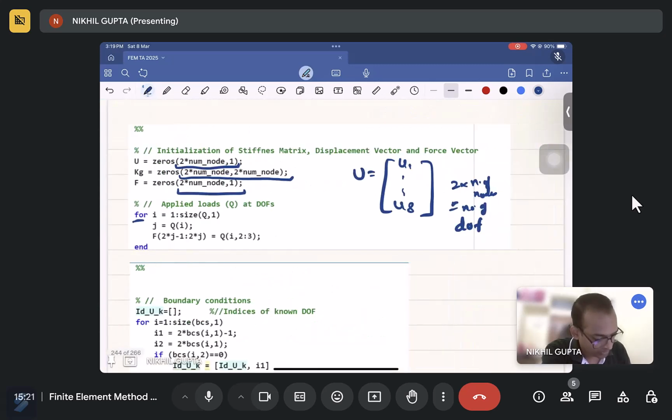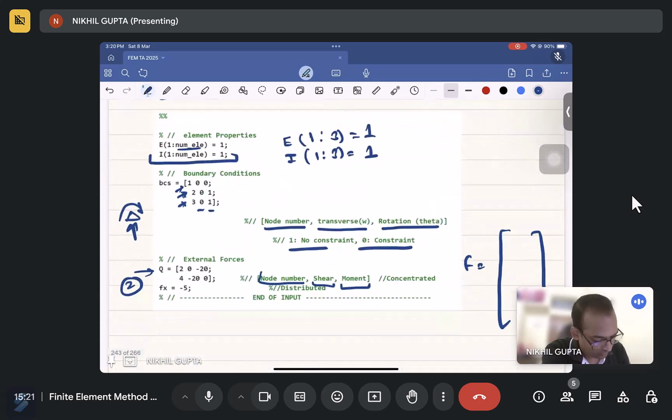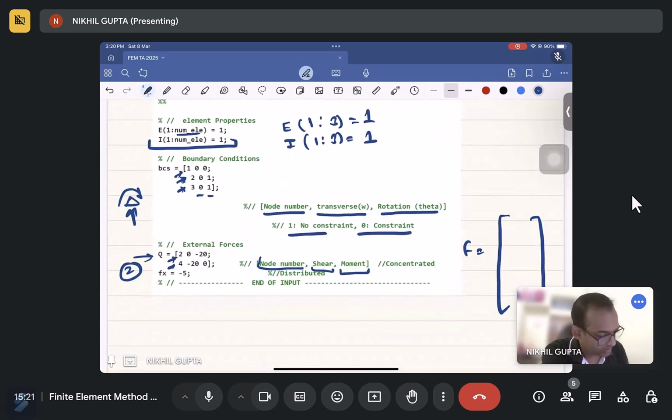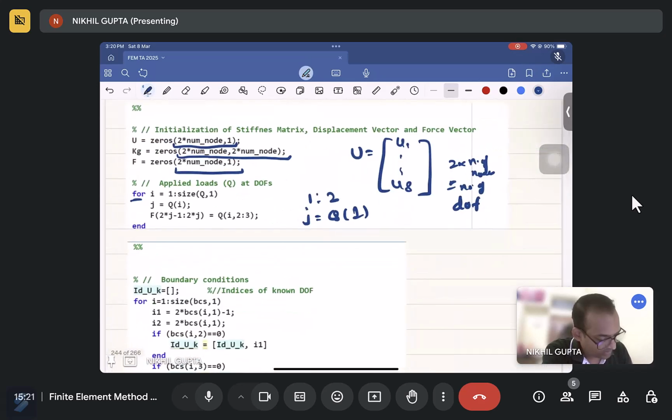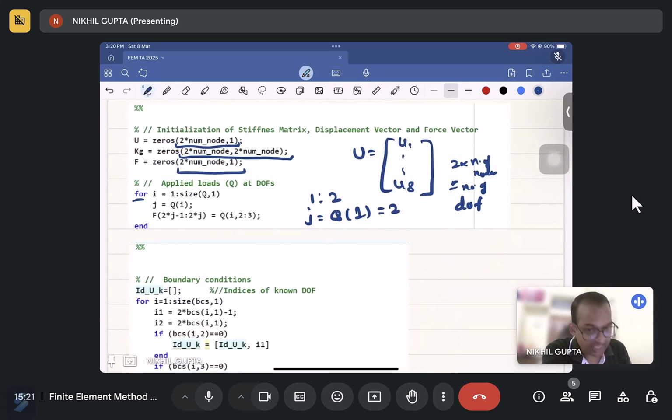The size of q here is 2, because forces are acting at two nodes. So this loop will run from 1 to 2. Now we have initialized j as q i. So in the first loop it will be q1. What is Q1 defining? Q1 defines at what node the force is acting, which may be 2 or 4. So in the first loop, j will be 2, which tells at which node the load is acting.